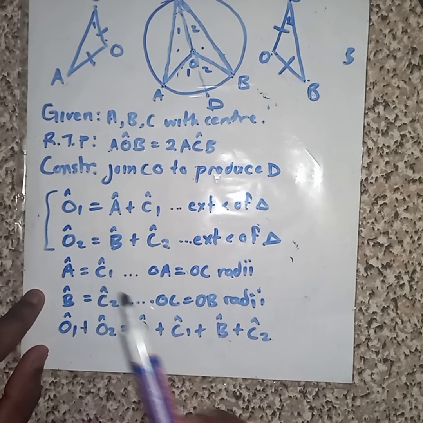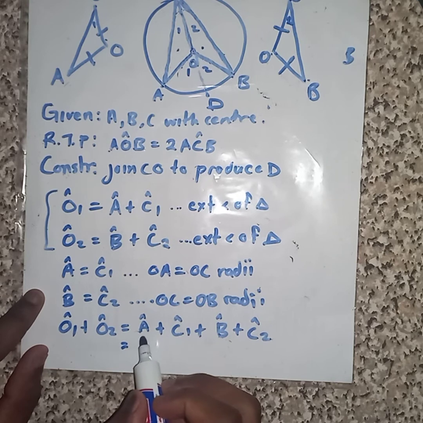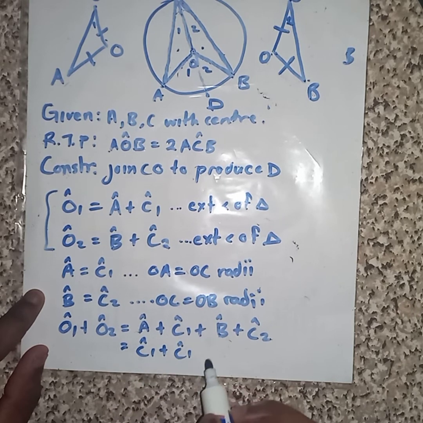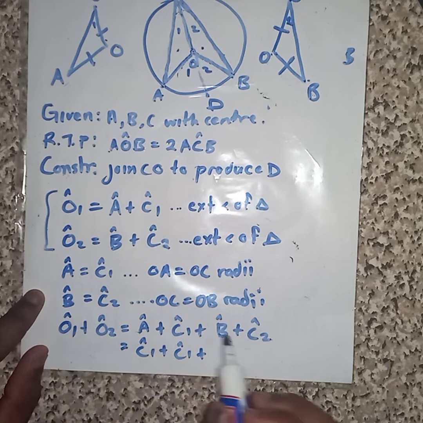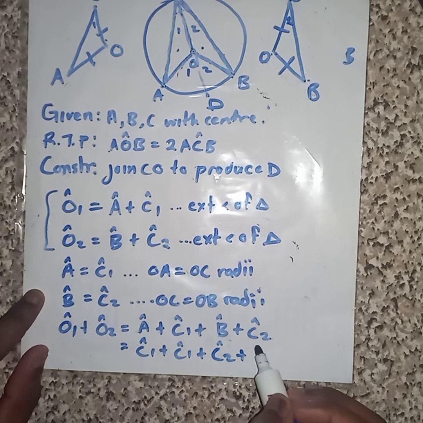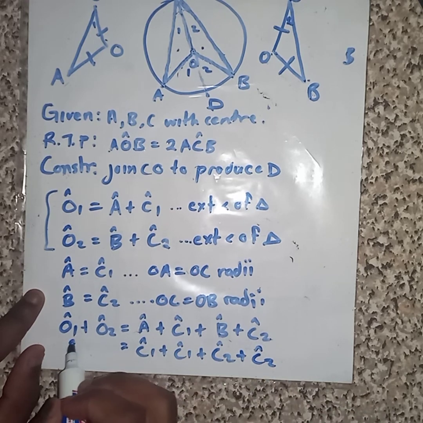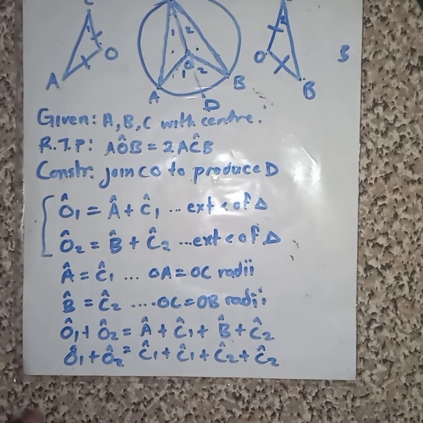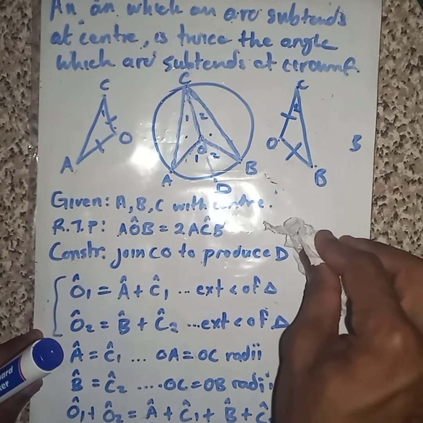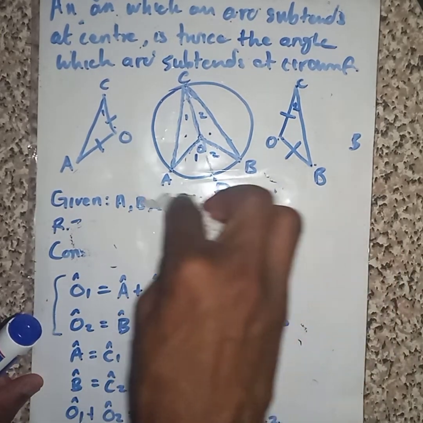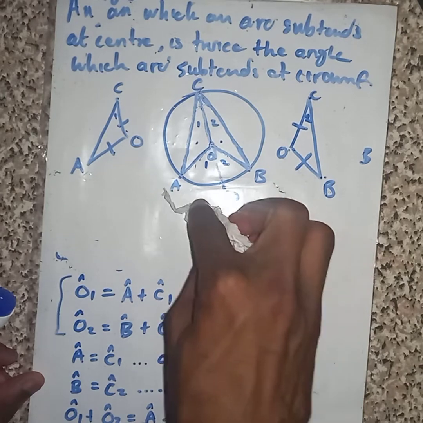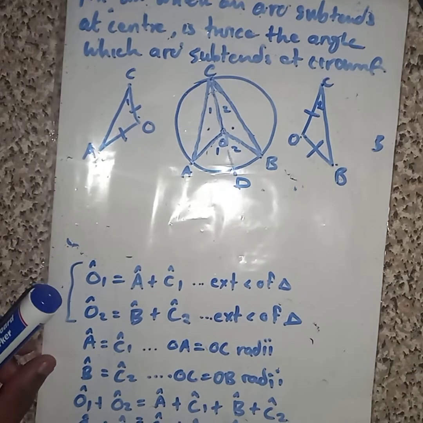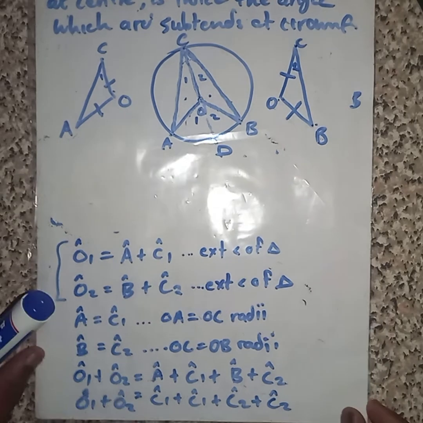Where you see A, you place C1. Where you see B, you place C2. Then it's going to be O1, O2. I don't have much space, but what I'm going to do, I'm going to erase somewhere here. It's just a continuation.